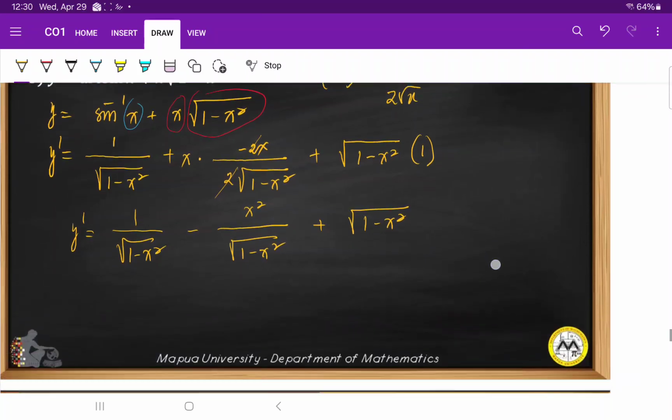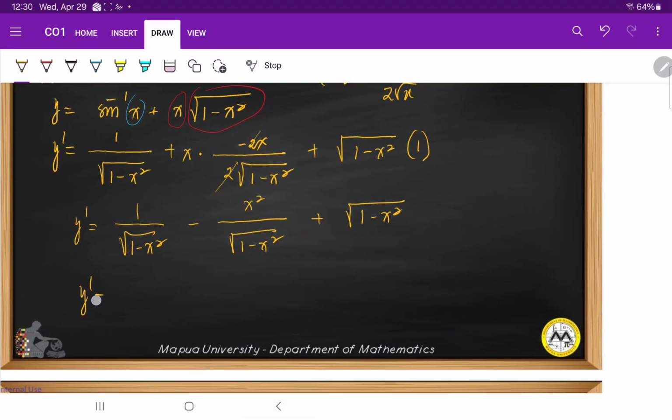So what's our next step? We need to find the LCD. So what's your LCD here? It's the square root of 1 minus x squared. So this is 1 minus x squared plus what? Plus 1 minus x squared.